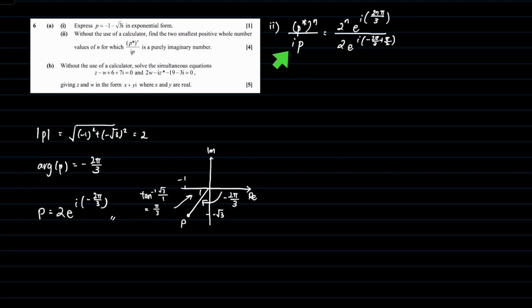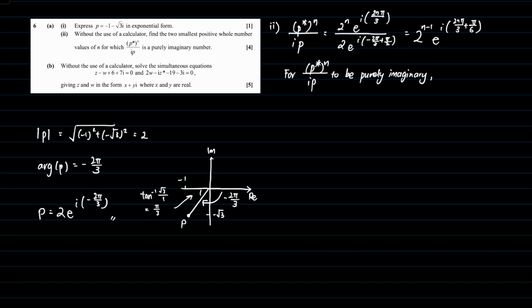Now i is illustrated by e to the power of iπ/2. That's why you see a π/2 over here. Now simplifying and using your rules of indices, we will have 2 to the power of n-1 multiplied by e to the power of i(2nπ/3 + π/6).